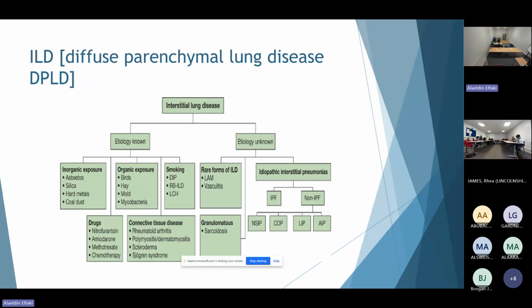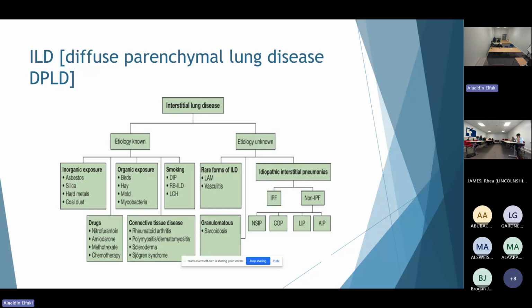The unknown cause of interstitial lung disease is mainly idiopathic interstitial pneumonia, and this has two subclasses: IPF, which is idiopathic pulmonary fibrosis, and the non-IPF patterns of fibrosis, which include different forms like acute interstitial pneumonia, which gives a presentation similar to ARDS, and lymphoid interstitial pneumonia, which could be idiopathic or related to connective tissue disorders like Sjogren's syndrome.